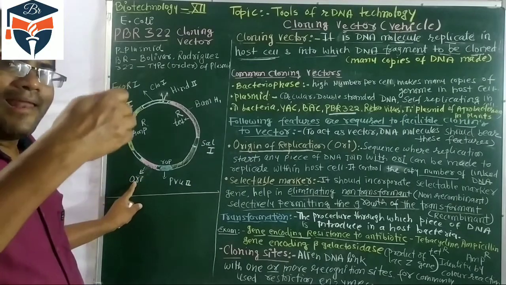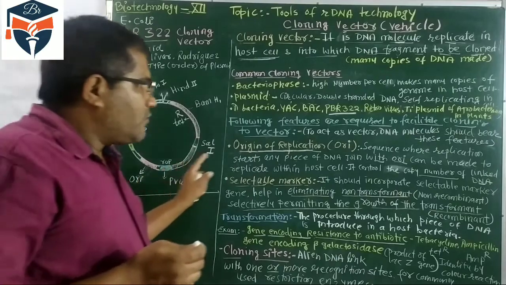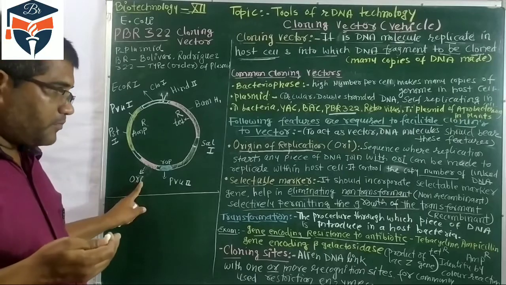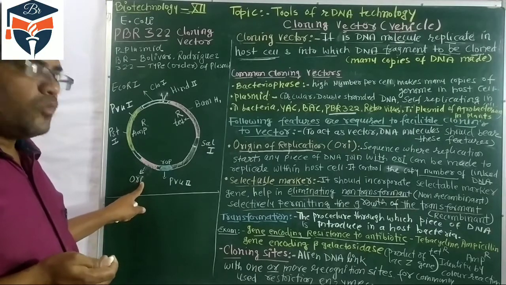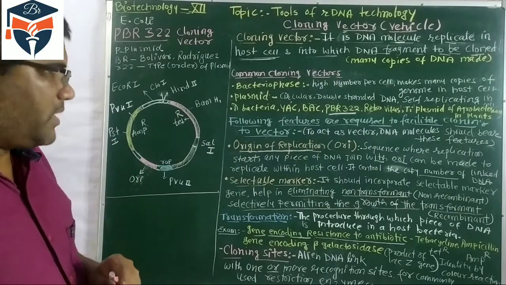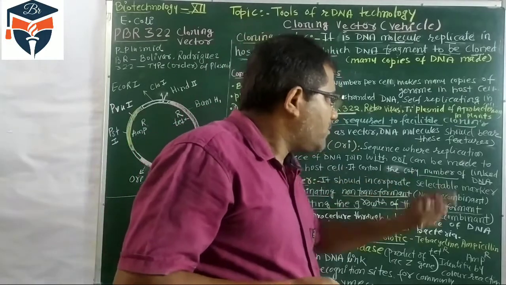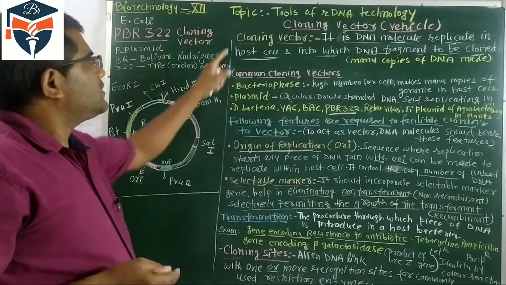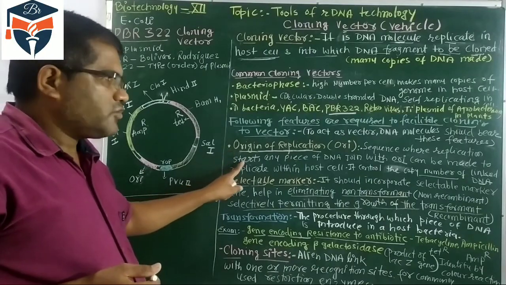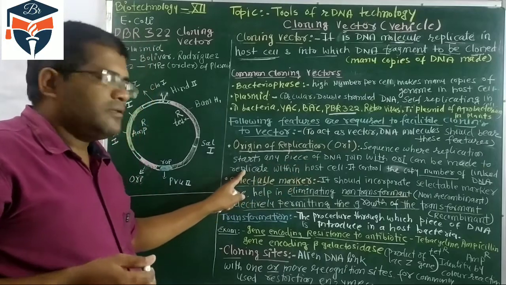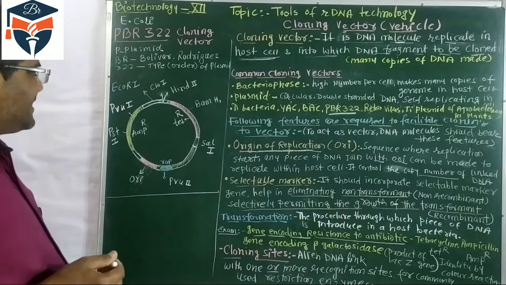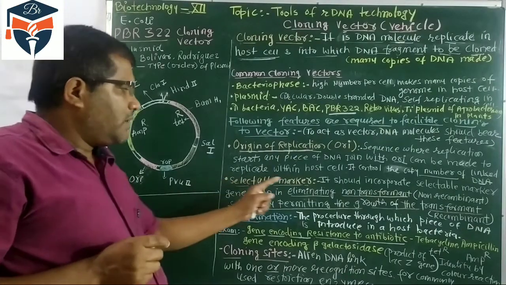Here foreign DNA, or alien DNA, is joined, and when the DNA is joined, it replicates in the host cell, and ORI controls how many copies of DNA are made. So the first important characteristic of a cloning vector is that it should have an origin of replication, where replication starts and a piece of DNA is joined and replicated within the host cell.